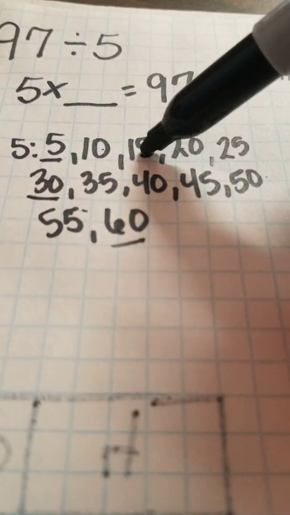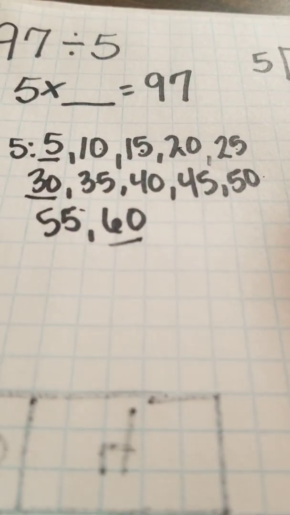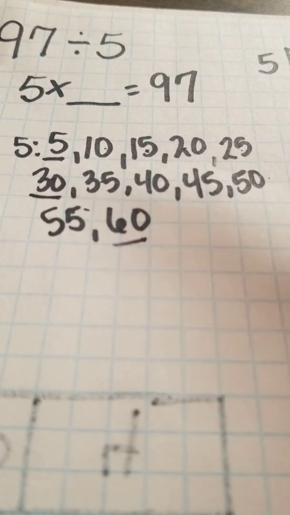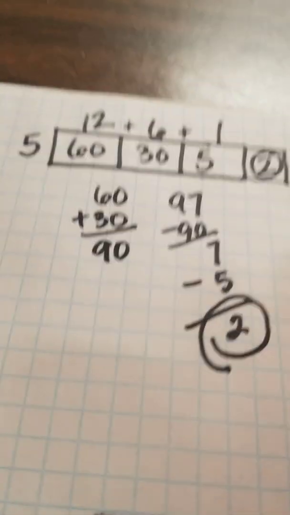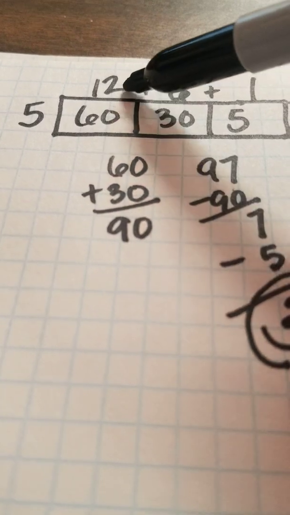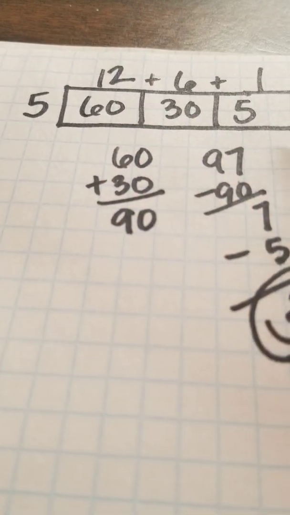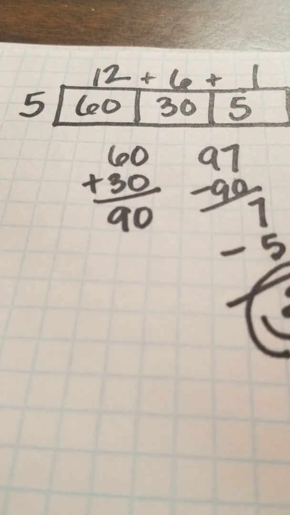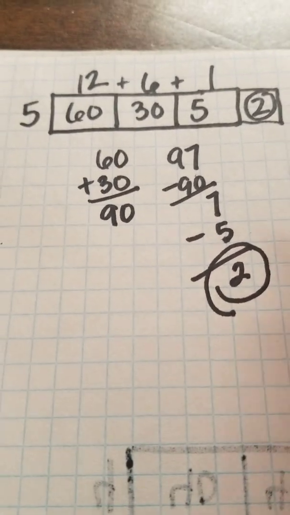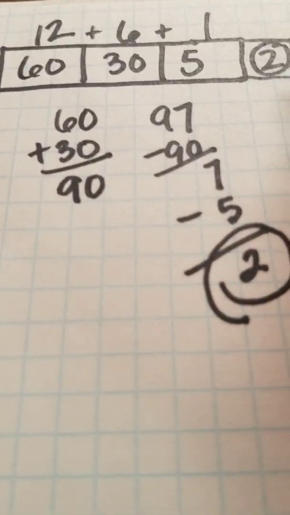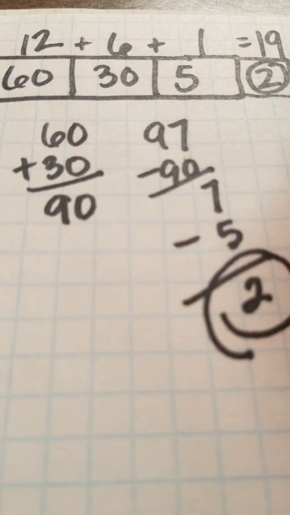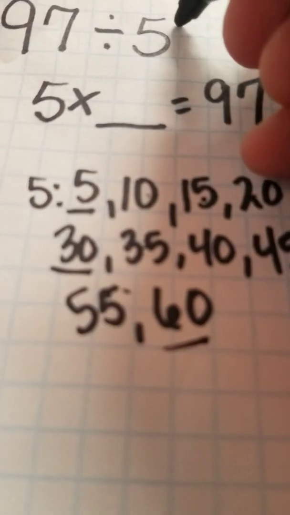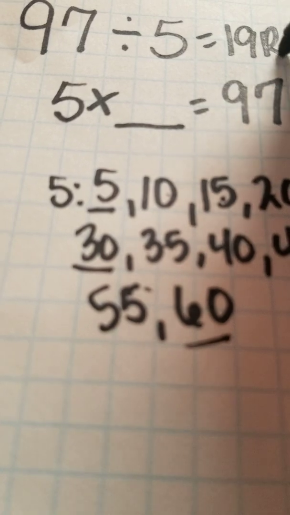Count it. 1, 2, 3, 4, 5, 6. 5 is 1. So let me show you what that looks like over here. We said it goes into 60 12 times, 30 6 times, and 5 goes into itself 1. So if I add up my partial quotients, I get 19 with a remainder of 2. So my answer is 19 remainder 2.